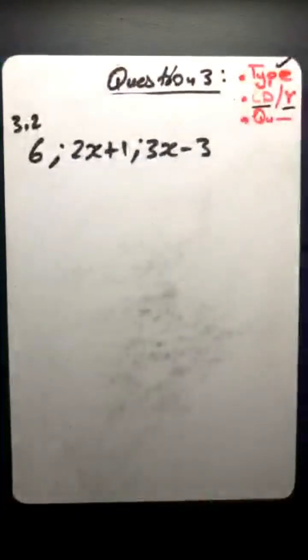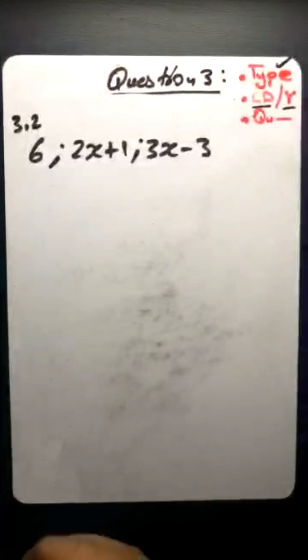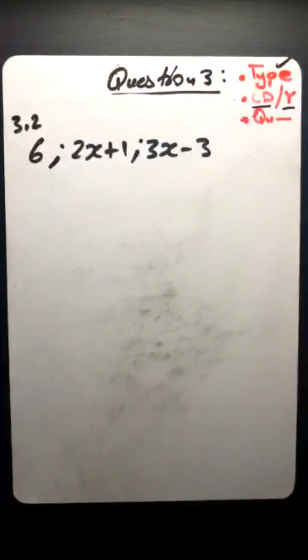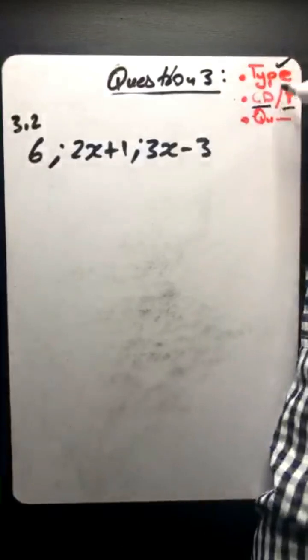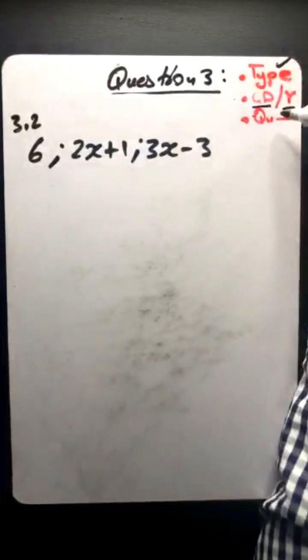Looks like second common difference, maybe. Second common difference. Okay, another one to give it a try. So let's try to follow this because it makes it easier. You will notice why.